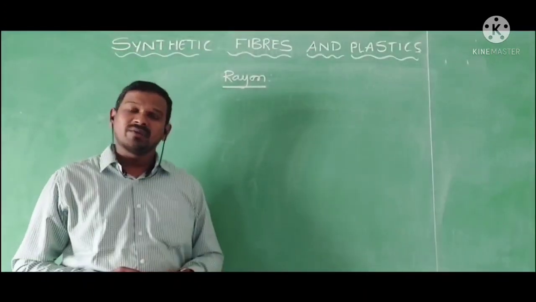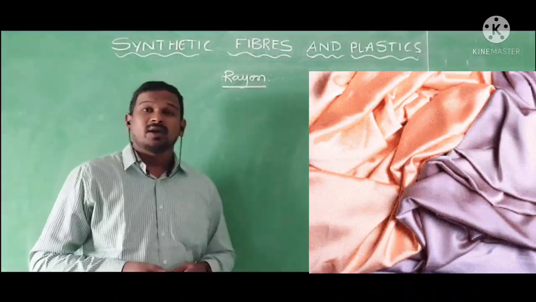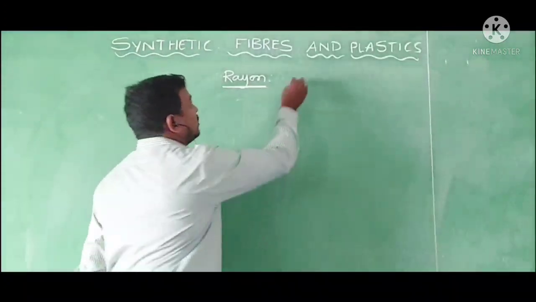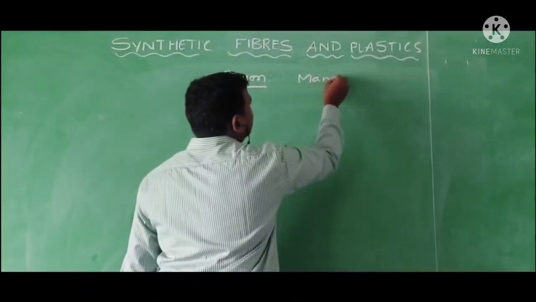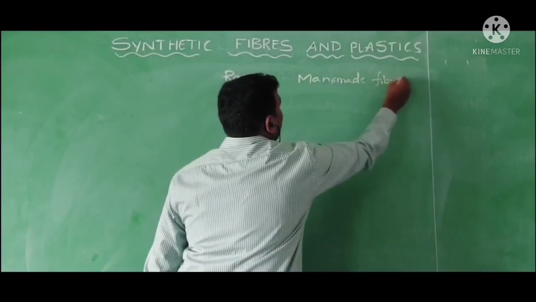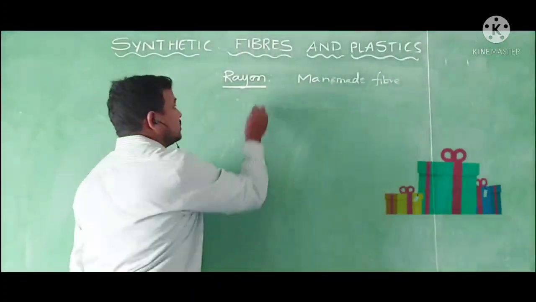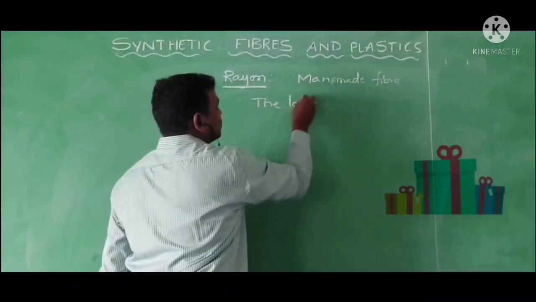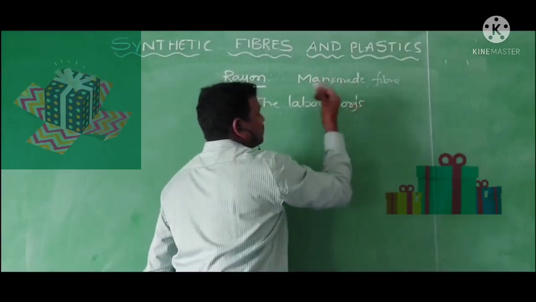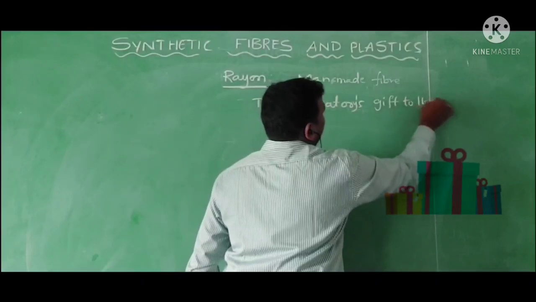Rayon is one kind of man-made fiber. Now we are going to discuss rayon. We can call rayon the first man-made fiber. We can also call rayon the laboratory's gift to the looms.